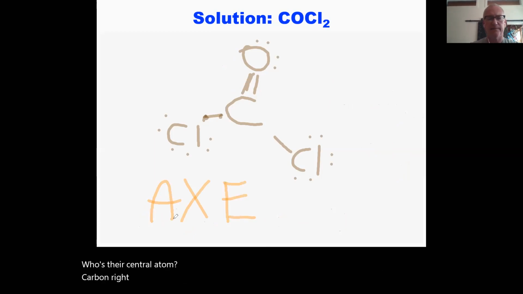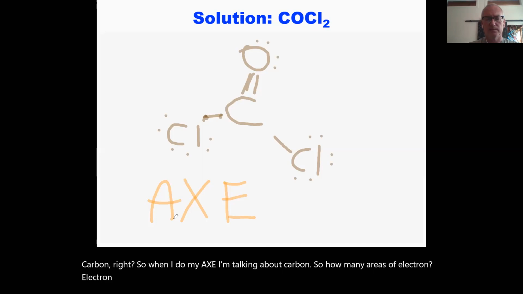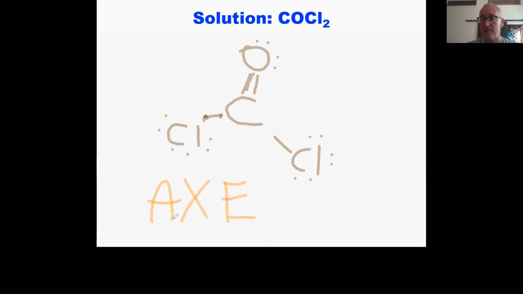So how many areas of electron density surround that carbon? Four. So you think each of the bonds is an area of electron density, right?